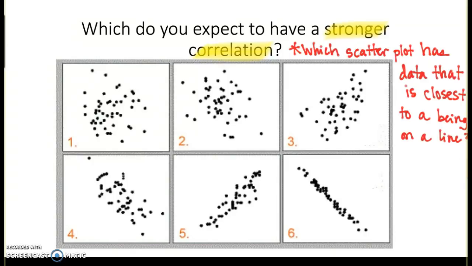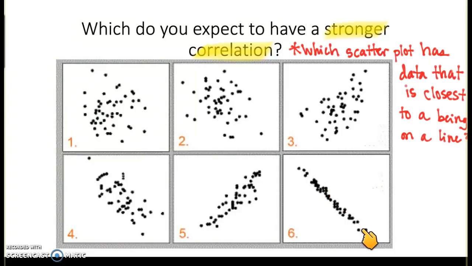So when we think about that, we have 6 different scatter plots. Each of them are different, but the one with the strongest correlation or the strongest relationship is going to be the graph of number 6 here, because these points are more clustered together.